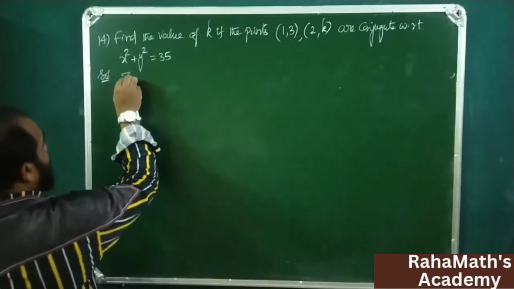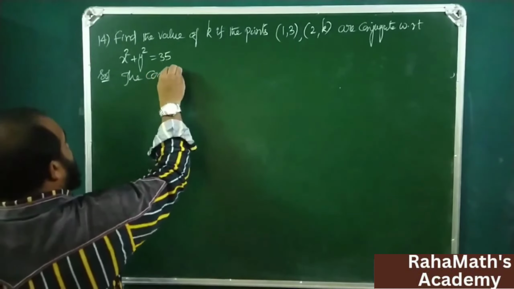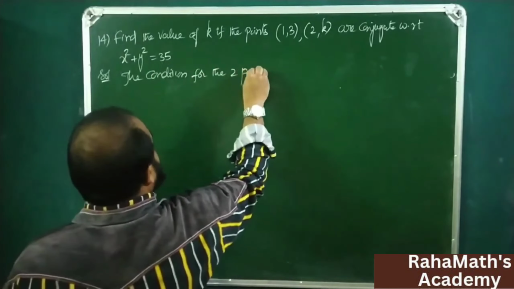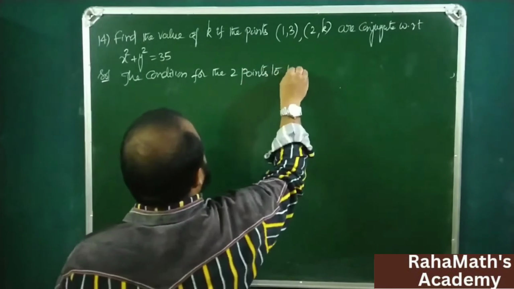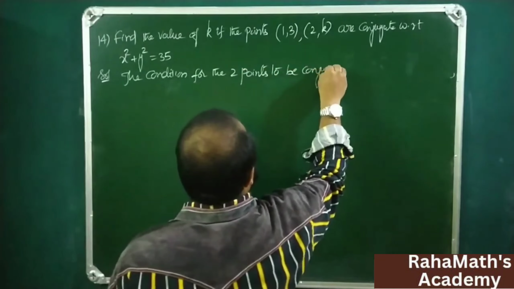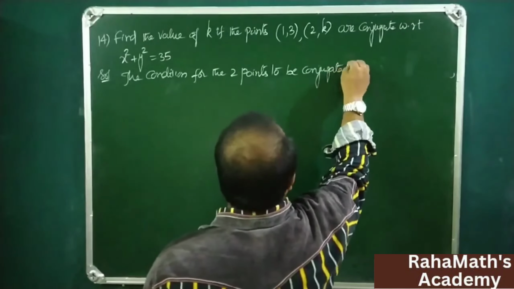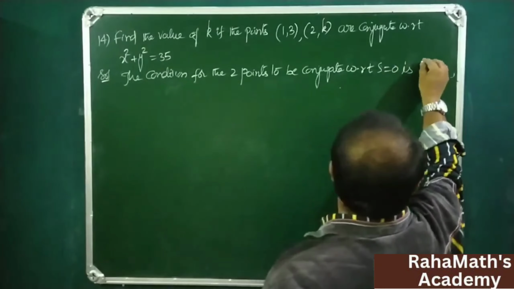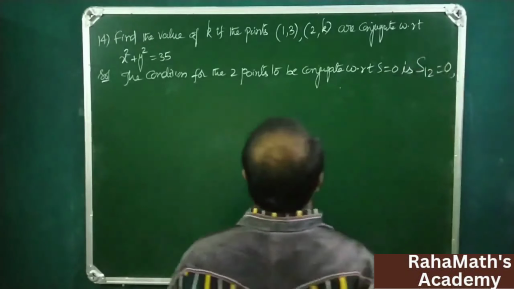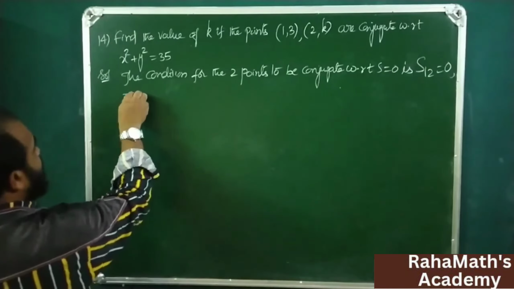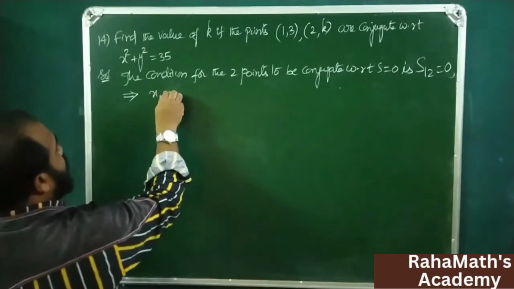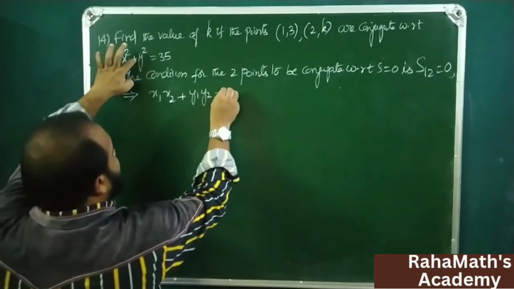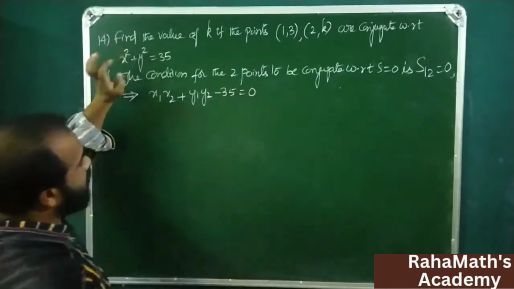So the condition for the 2 points to be conjugate with respect to circle S is equals to 0 is S12 equals to 0, which implies x1 x2 plus y1 y2 minus 35 equals to 0.